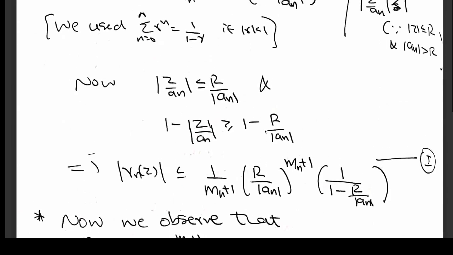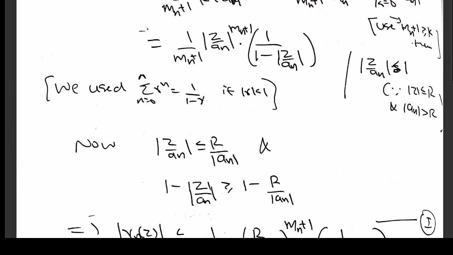Now what happens, we do some estimation. |Rn(z)| is bounded by this quantity because this is the tail term. Now you replace each k by mn plus 1 because k is greater than or equal to mn plus 1. There is a typo here, but k is greater than or equal to mn plus 1. So 1/k will be less than or equal to 1/(mn plus 1). So you can replace it.